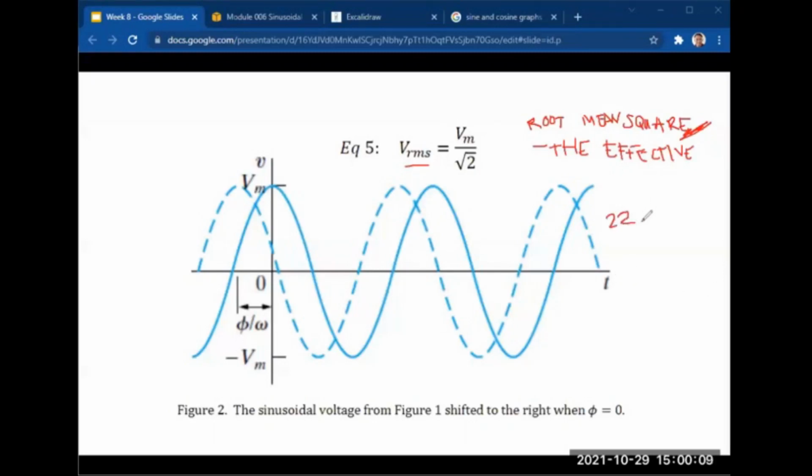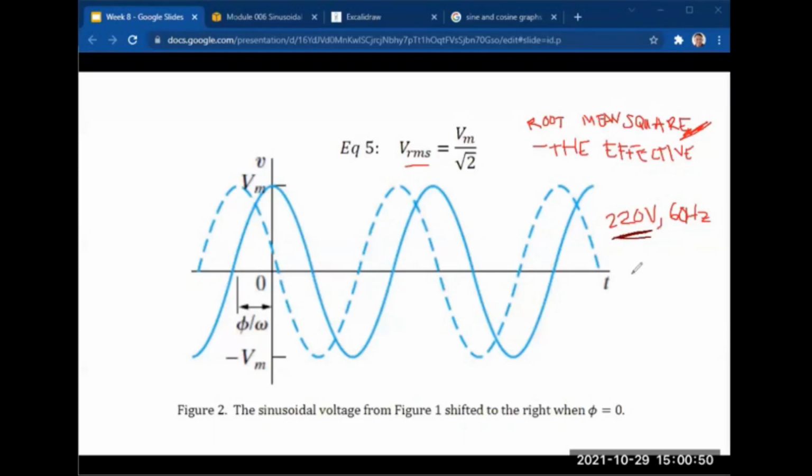220 volts, 60 hertz AC. The question is, is this 220 volts, our voltage rating in our household, RMS or is this maximum voltage?